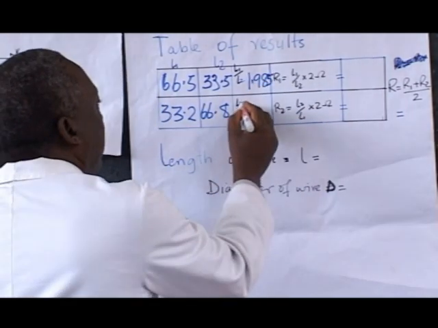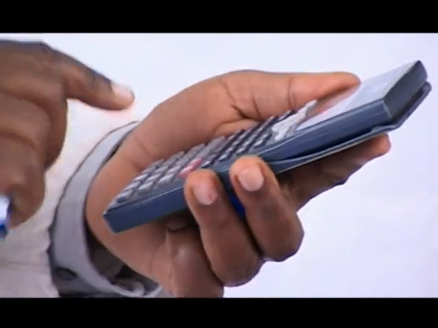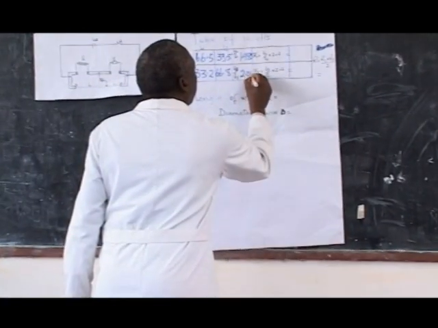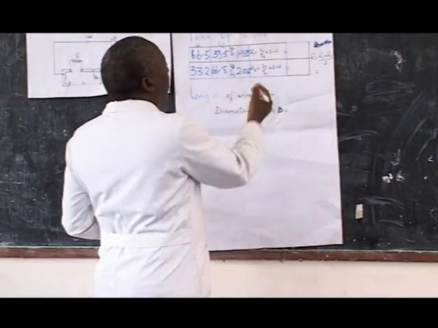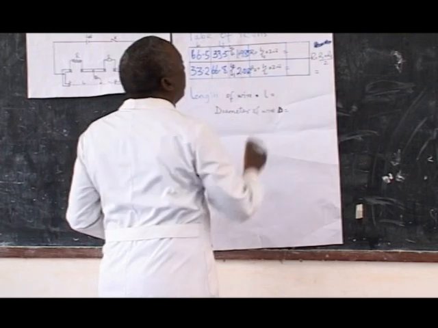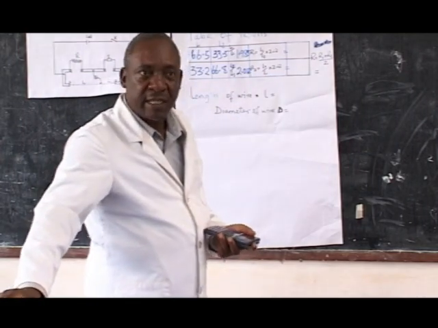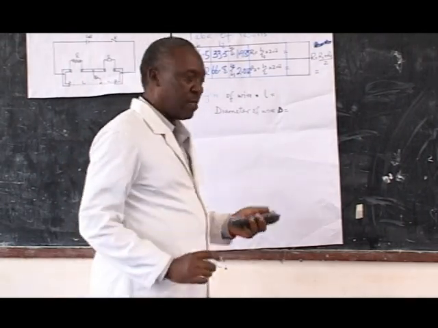Also, take L2 over L1. Afterwards, multiply these by 2, since there is a resistance of 2 here.